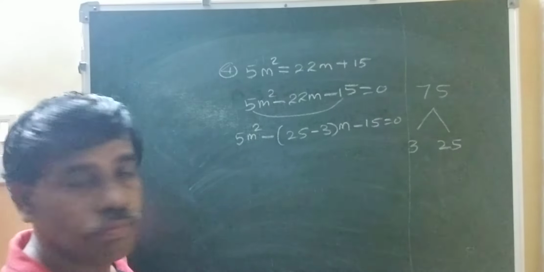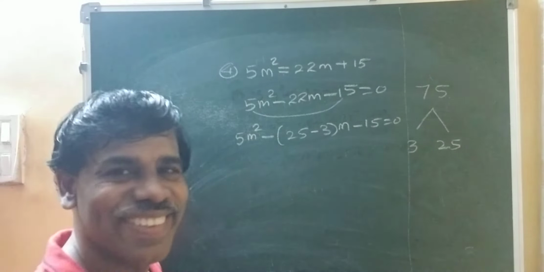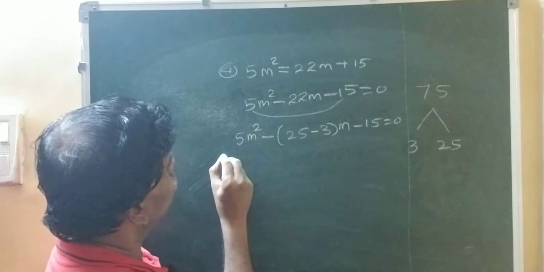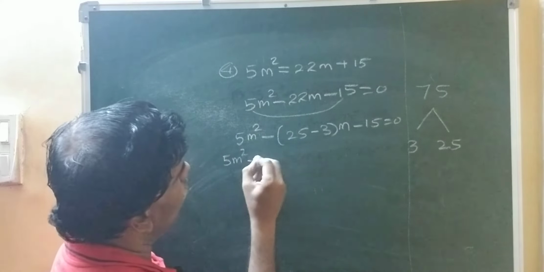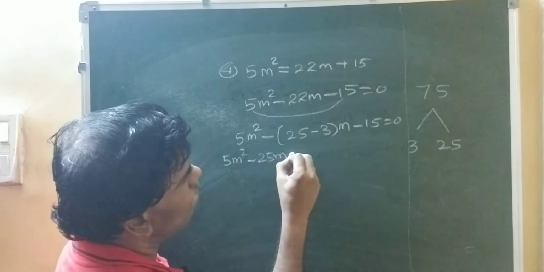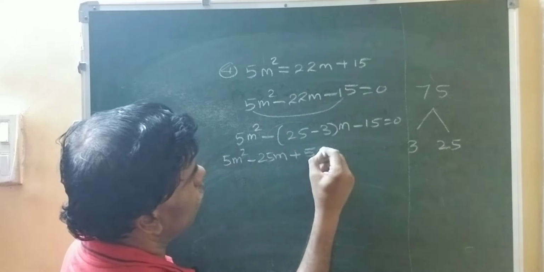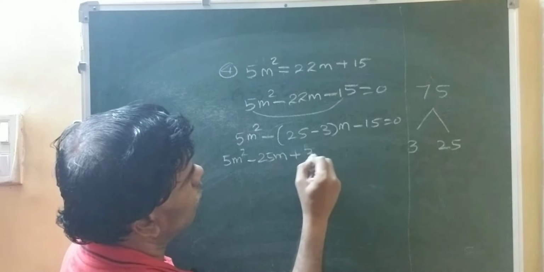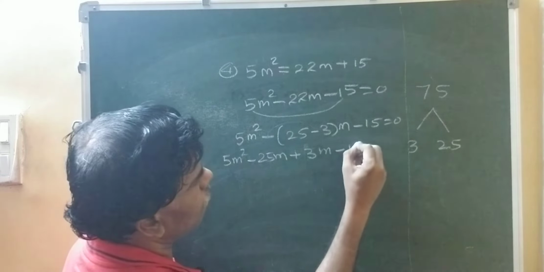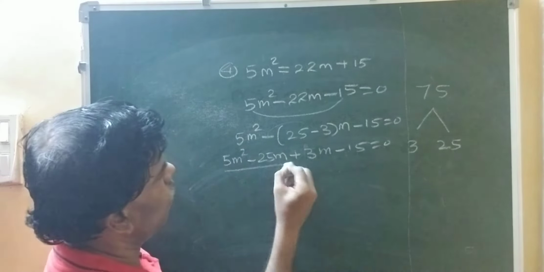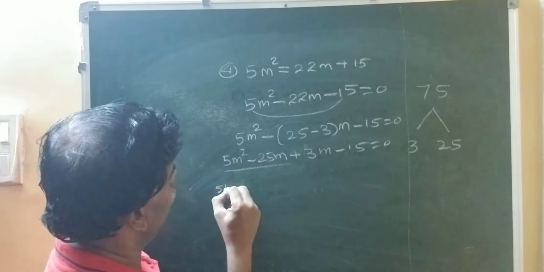Right or not? Okay, now 5m square minus 25m, minus into minus plus 3m minus 15 equal to 0. Here what is common? 5m.